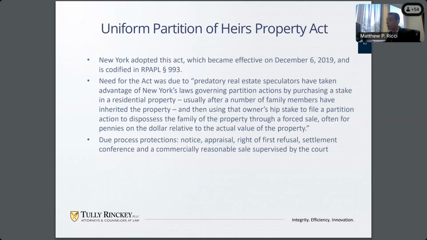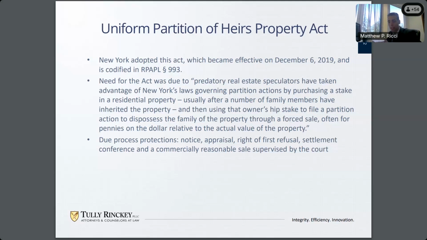So now, with this act, it provides a couple of due process protections for co-owners of property who are tenants in common. The requirement, though, for this act to be considered is that at least one individual or one party of the action must have inherited their share of the property from a relative.